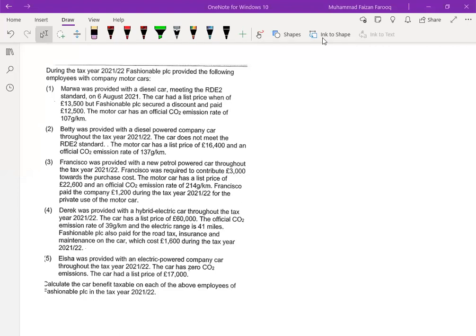Was provided with a diesel car meeting RDE2 standards. Okay, 6th of August, right? How many months will you consider? 8 months. List price 13,500. You can see they are mentioning that they actually paid 12,500.